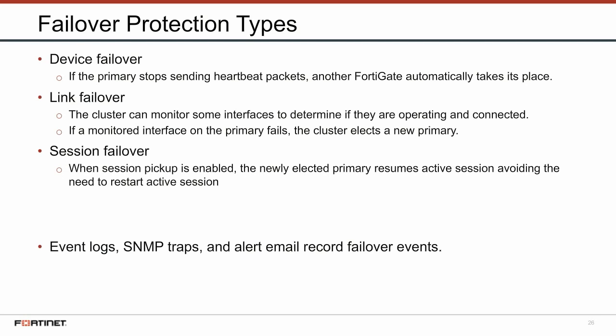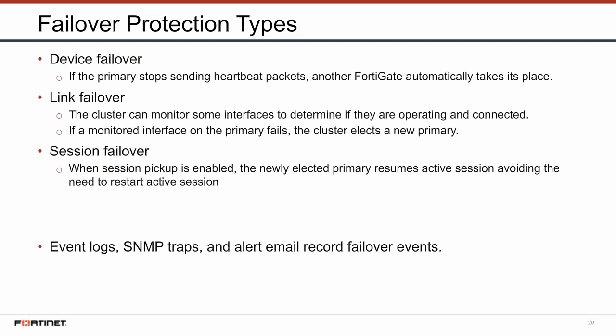You can configure an HA cluster to monitor the link status of some interfaces. If a monitored interface on the primary FortiGate is unplugged or its link status goes down, a new primary FortiGate is elected. If session pickup is enabled for the type of traffic you want to synchronize among cluster members, the sessions are resumed in the event of device failover or link failover.